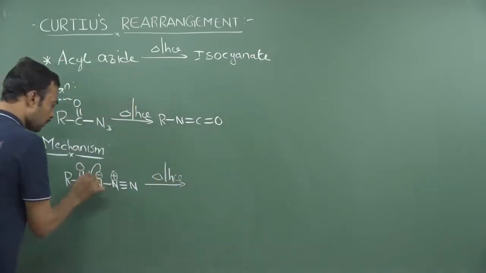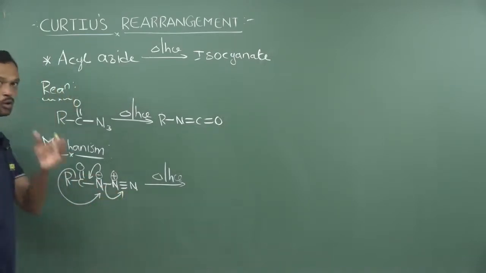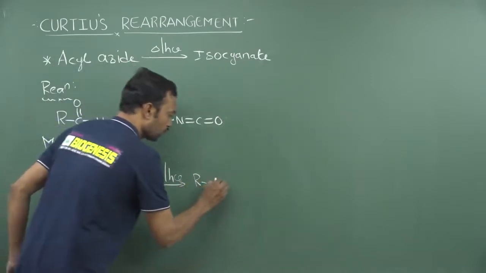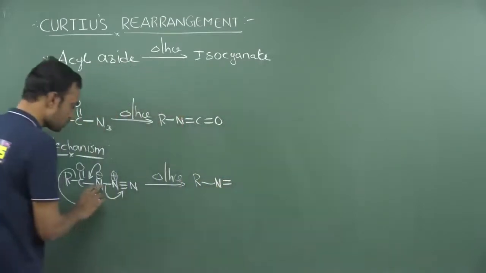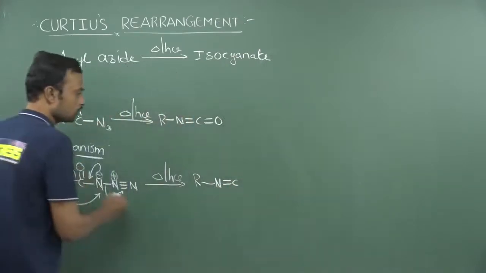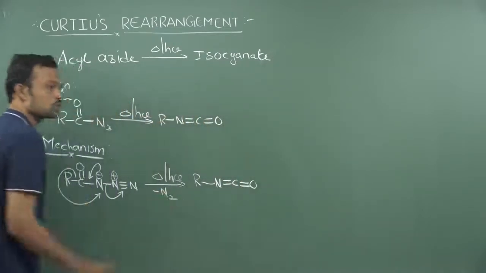Now this negative charge will migrate here, this R migrates from here to here. Now N2 is completely removed. So now this R is migrating onto nitrogen. Then this nitrogen and carbon carry a double bond, and we already know the carbon-oxygen double bond is present, and there is a loss of the N2 group.